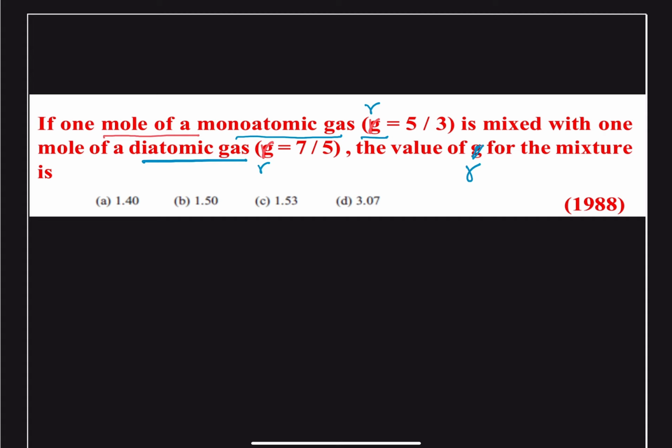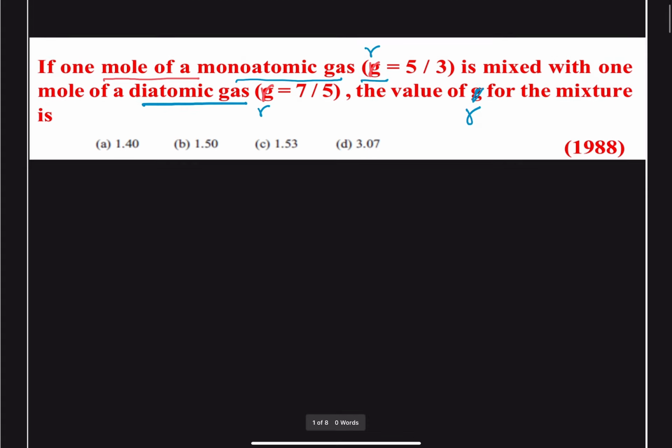So we have to find out the adiabatic index of the mixture when 1 mole of monoatomic gas is mixed with 1 mole of diatomic gas. In this case, we are going to use the formula which is based on the degree of freedom as well as number of moles of each gas.